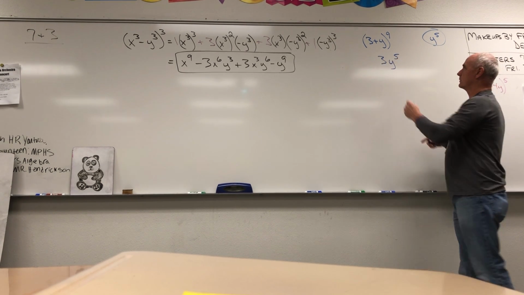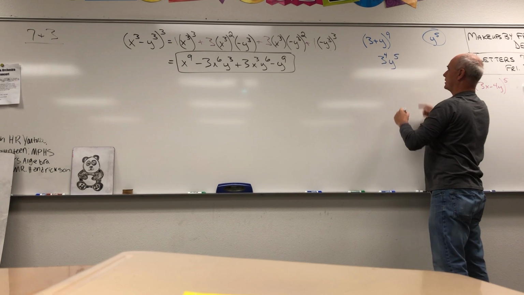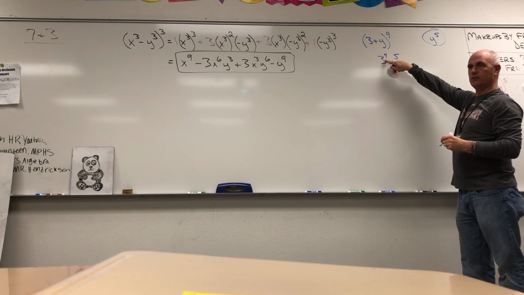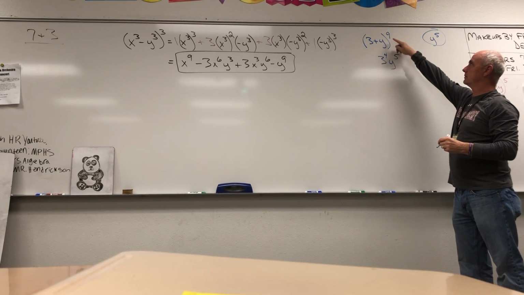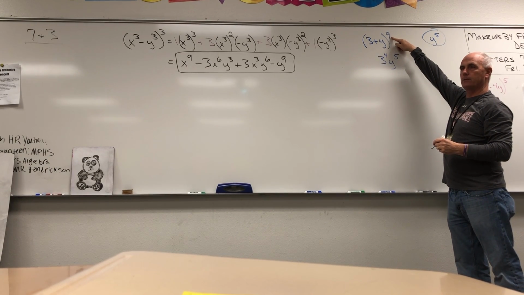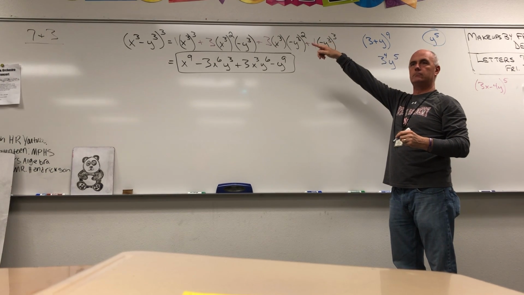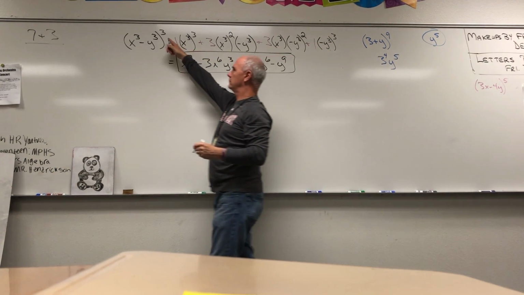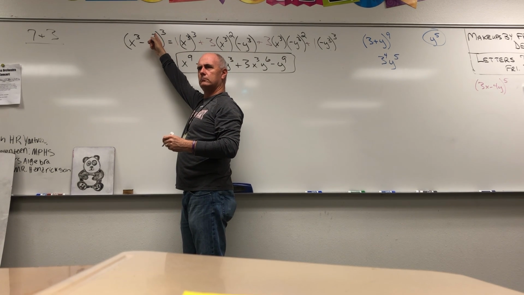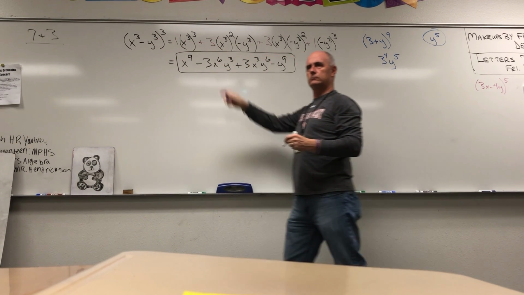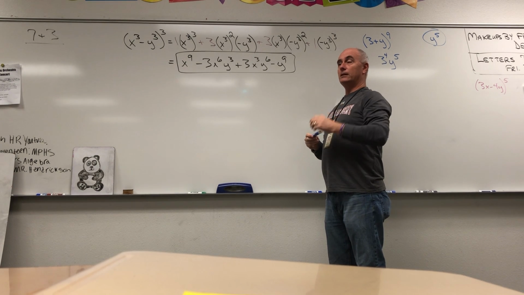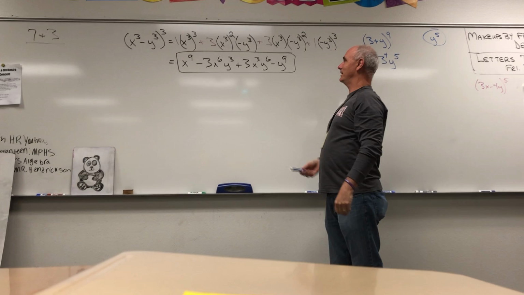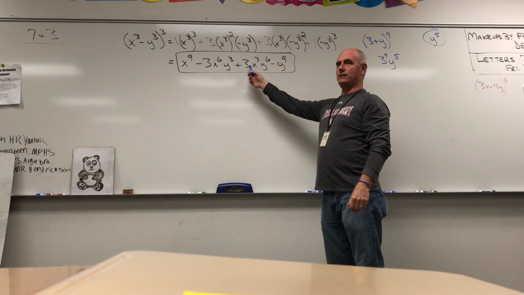Because the exponent here plus the exponent there needs to add up to be the exponent 9. Did that happen over here, by the way? Yes, 9. Well, in the first problem, it's not these numbers that need to add up to be 3.